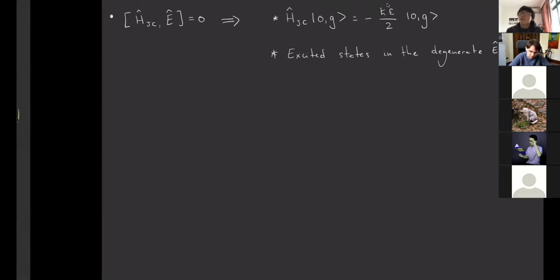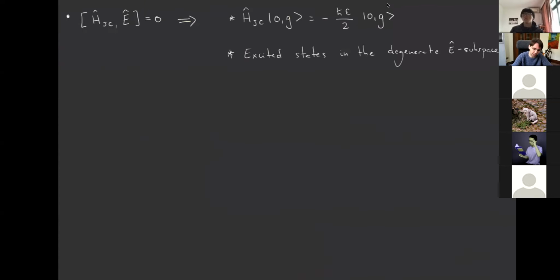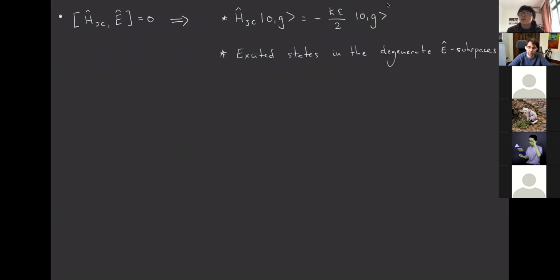Because we have doubly degenerate subspaces, any linear combination of these two states, n G and n-1 E, is an eigenstate with the same eigenvalue of E, and two of those linear combinations should be eigenstates of the Hamiltonian as well.